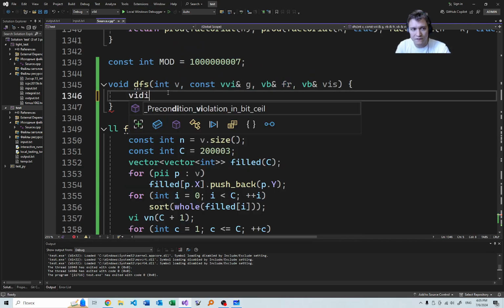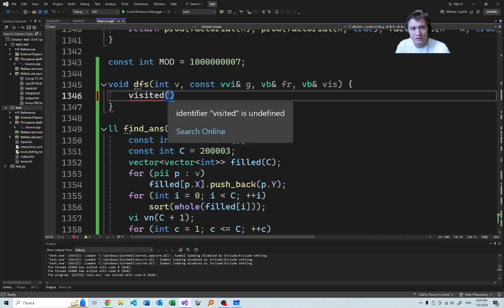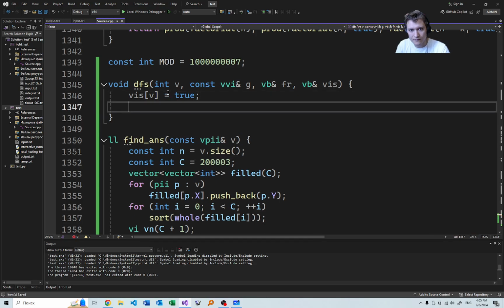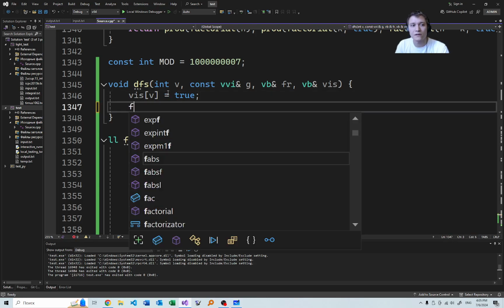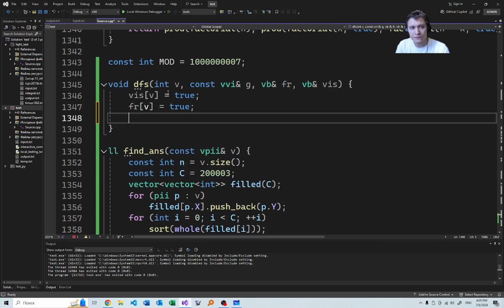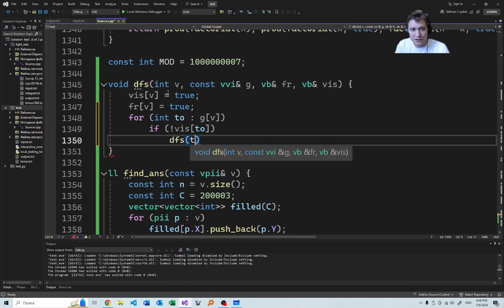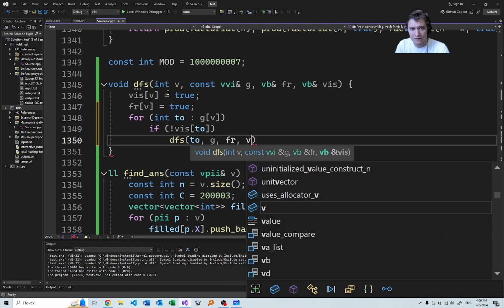So simply vis of v is true. Also fr of v is true. And if its neighbor was not visited, then we run DFS of to, g, fr, vis.